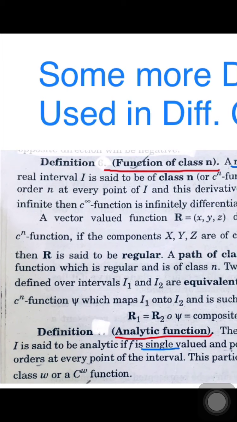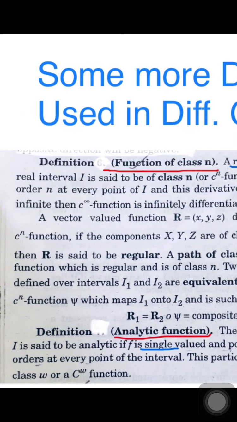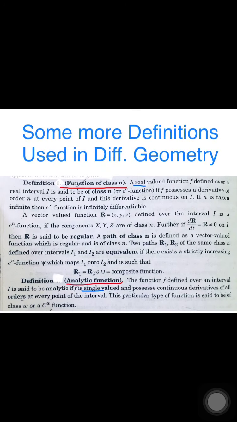This is the definition of function of class n: a real valued function defined on a real interval I, if it is differentiable up to order n at every point of the interval I, it is known as a function of class n. If n goes to infinity, then it is known as infinitely differentiable.